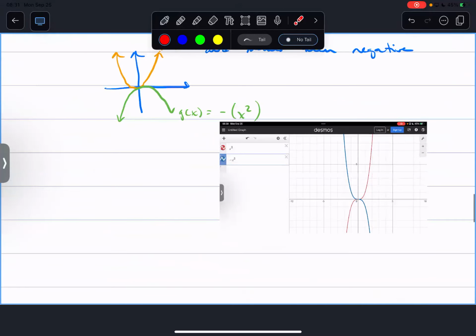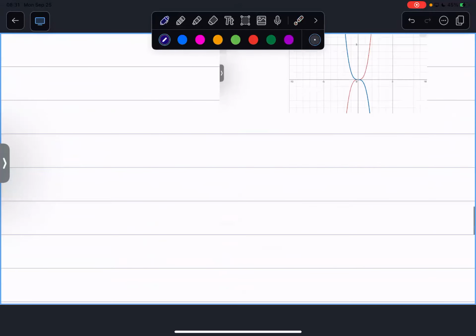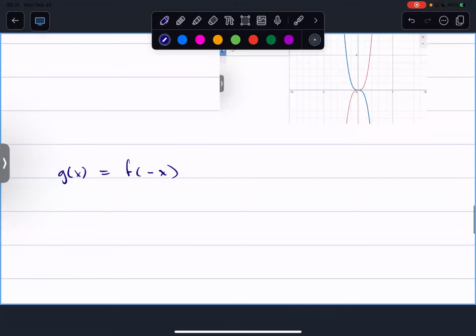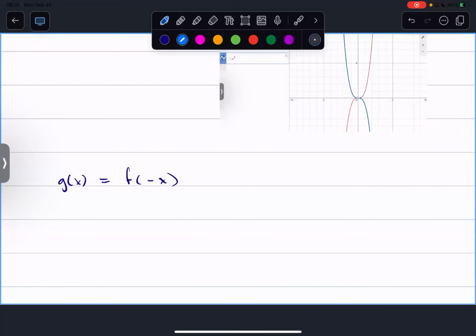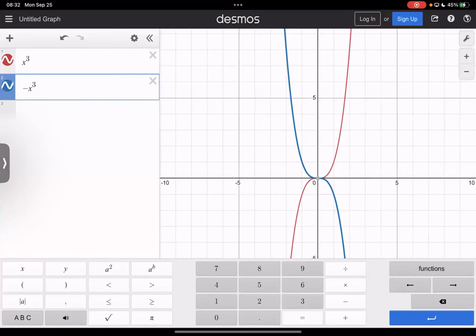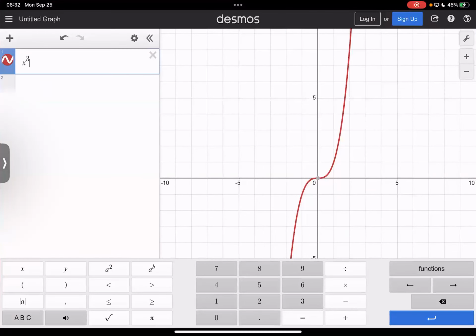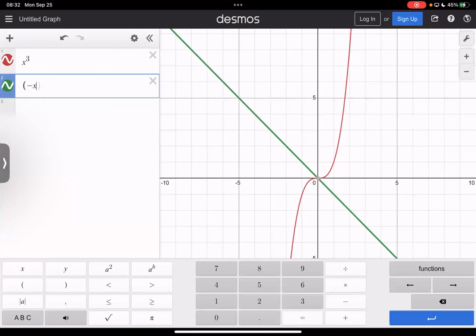And so here, if g of x is f of negative x, each x is negated, which looks like what? Let's see here. Sure, let's use x to the power of 3, negative x.